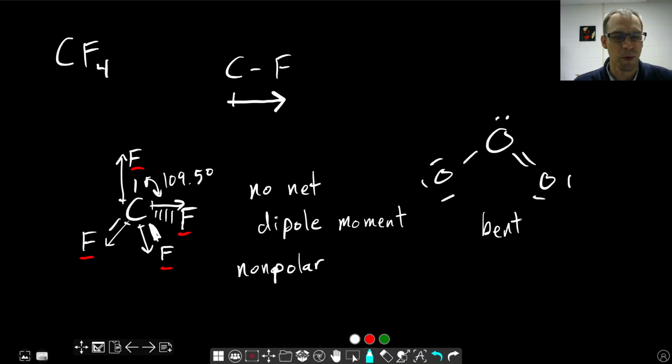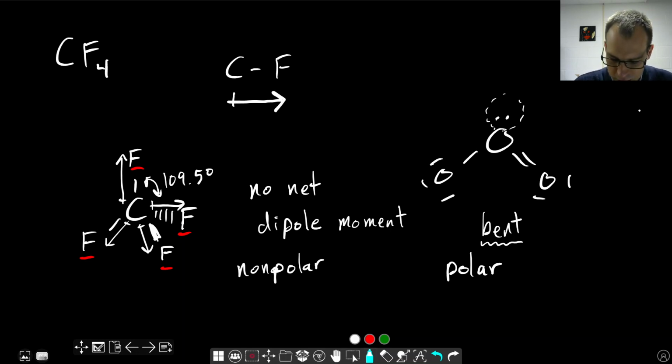Okay, so whether you said yes or no, I want you to justify why you thought that. And the answer here is that ozone, not benzene, ozone is a slightly polar molecule. Why is that? It's because of the fact that it's a bent geometry. The fact that we have this extra lone pair of electrons here imbalances the molecule.